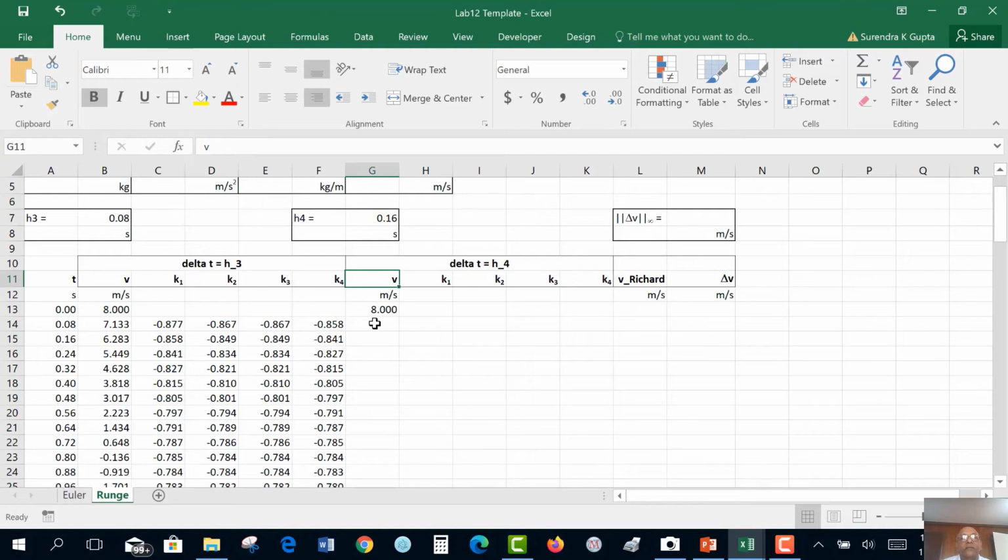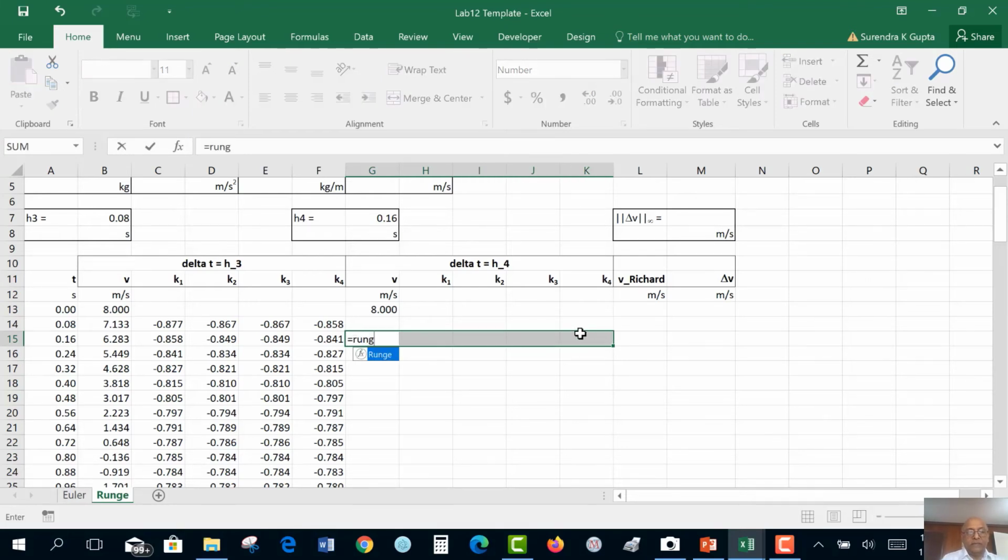All right, so we are going to leave a line blank, and we are going to say next time step, Runge H4, previous time is T, and remember our previous velocity, we need to pick it up from column G. Control, Shift, Enter.